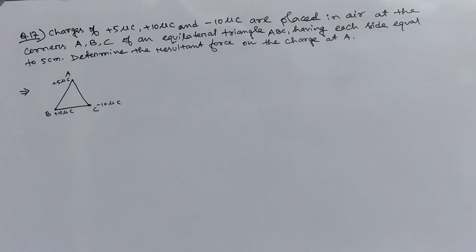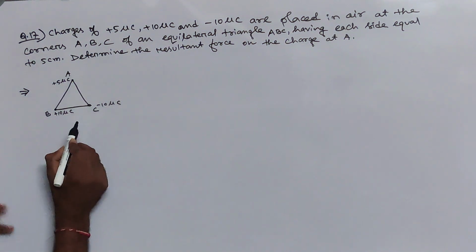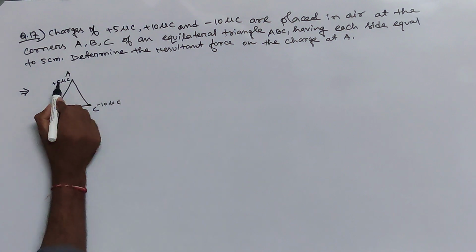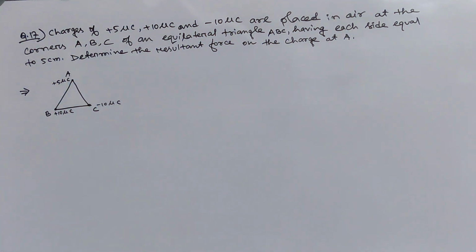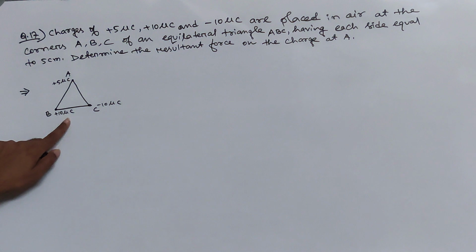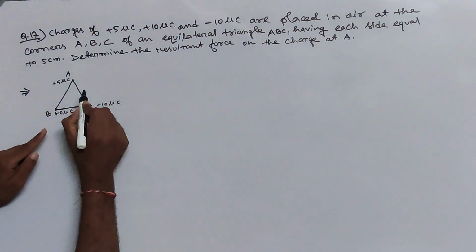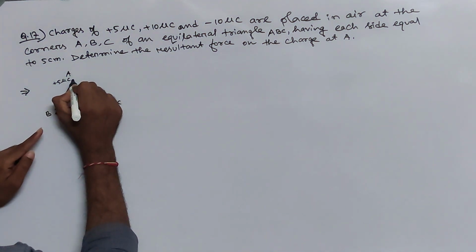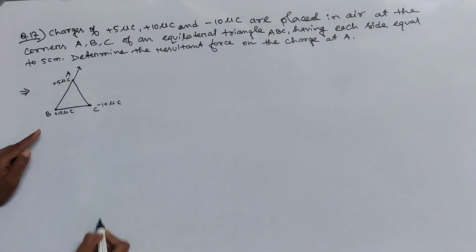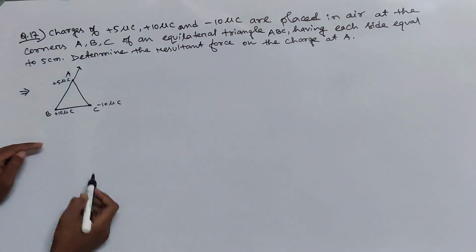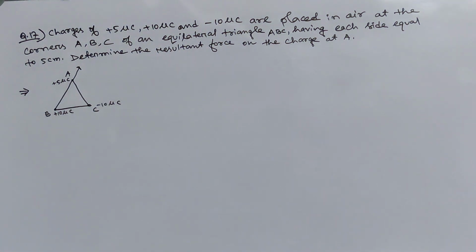This is not a very hard question. We can easily find it. Let's say first we will find the force experienced by this 5 microcoulomb charge due to the plus 10 microcoulomb charge at the position B. It will be directed along this direction, because the plus 10 microcoulomb charge will repel the charge at the corner A, since it is also a positive charge.